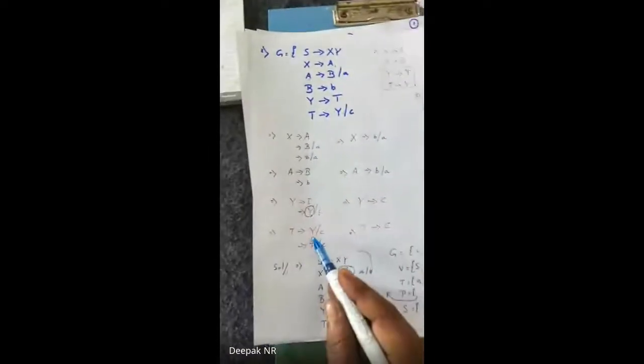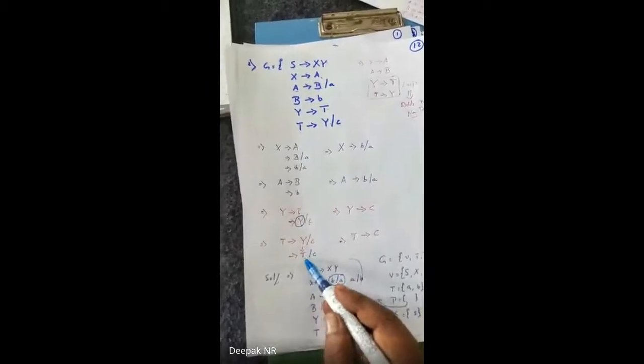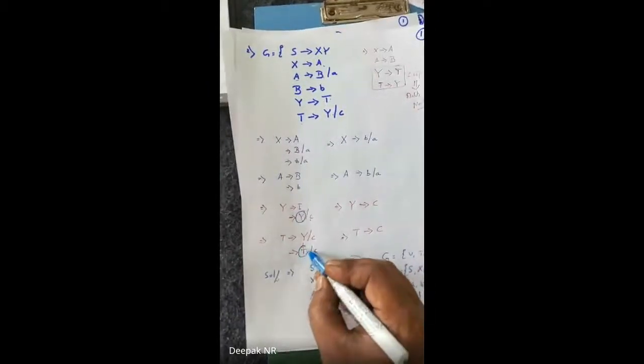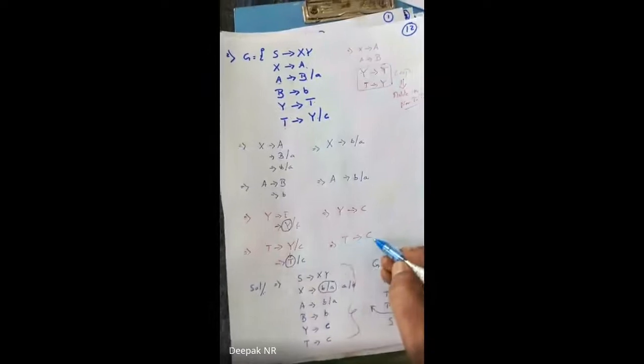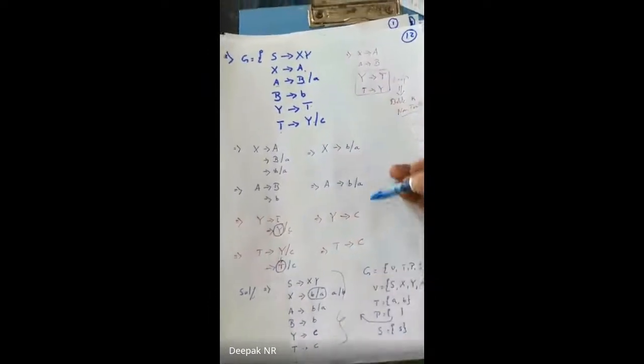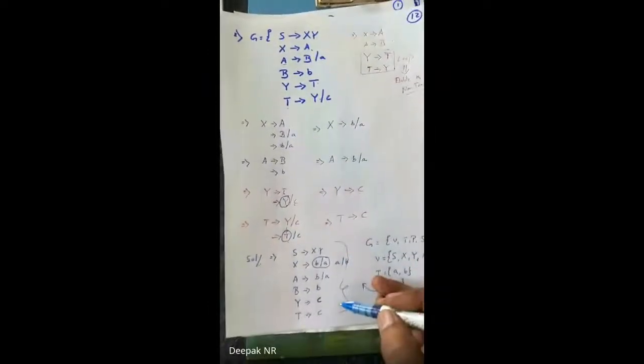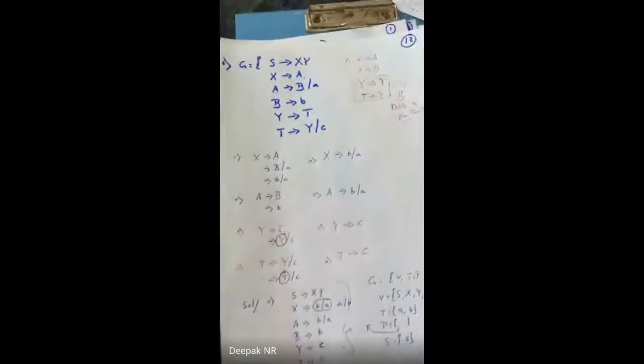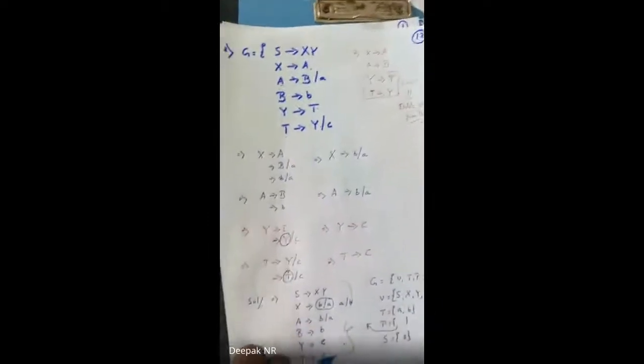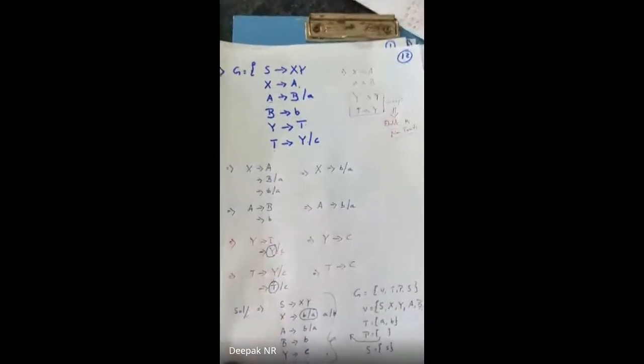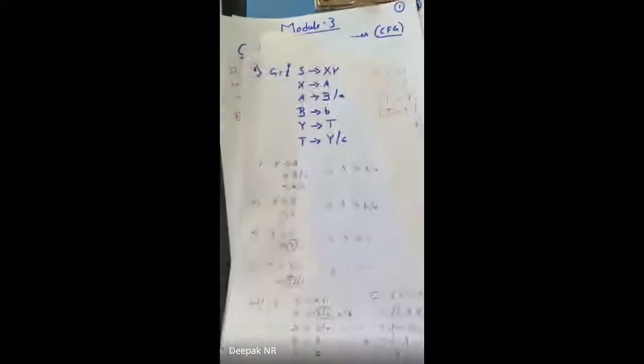Then next, T tends to Y and C. Again, blindly, I will remove this Y. So C will be the default. I will sum this up and write it. Sorry, this is called removing a unit production. Is that clear? This is called removing a unit production.